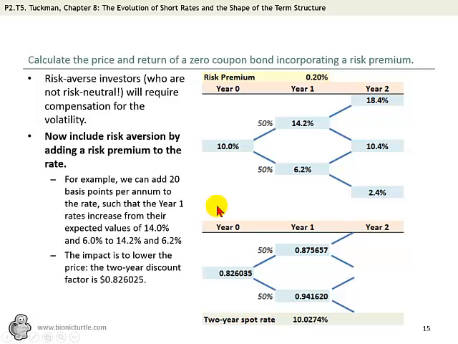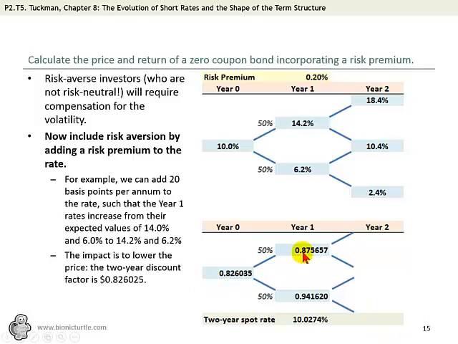The impact of these higher, so now in this approach, the risk premium is really informing, isn't it, a discount rate, and the effect of that higher discount rate is to lower the price.